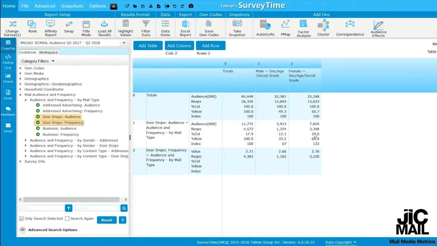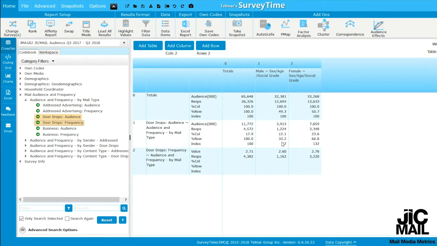The really crucial variable I would say here in terms of your planning is this index of exposure. This tells us how likely an audience is to be exposed to that mail item in the first place. There are a couple of factors which feed into this. Obviously targeting is a factor, depending on whether or not a mail item has been delivered to a specific home. But also pass on is a factor, whether the household coordinator has passed on this mail item to someone in the house.